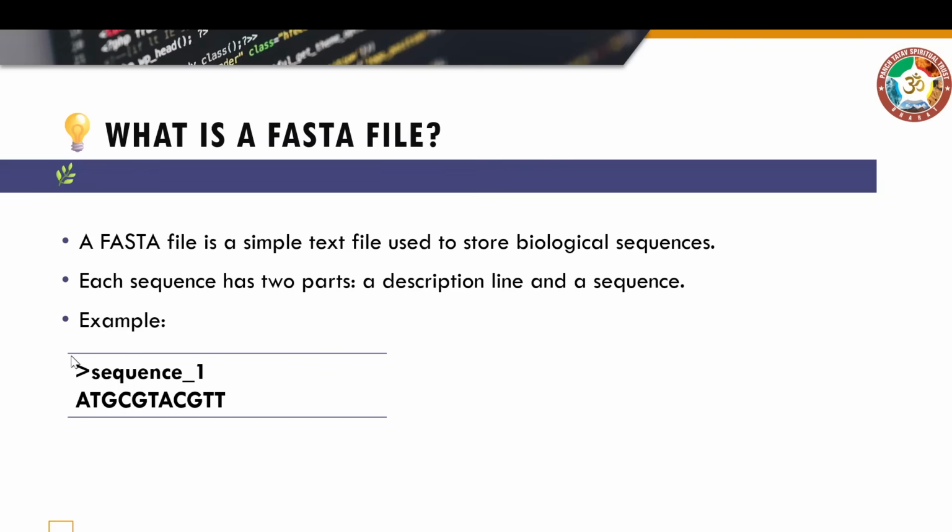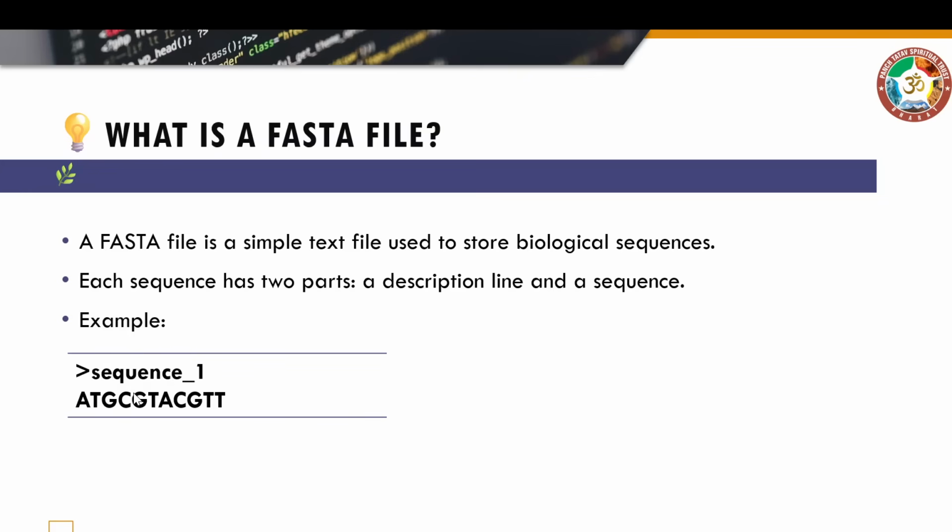Everything that comes after this greater than symbol is called a description. Here sequence underscore 1 is the description. This description is about the sequence which is present at the bottom. So this is the actual DNA sequence and this is the description regarding it, and the FASTA file starts with a greater than symbol.